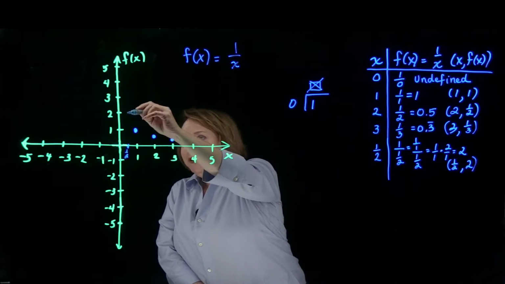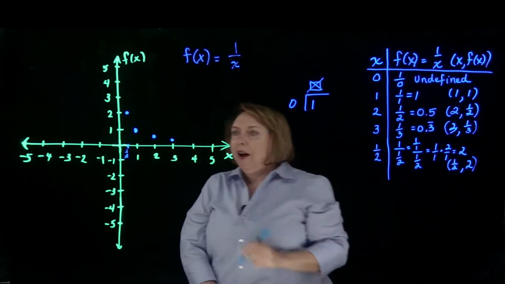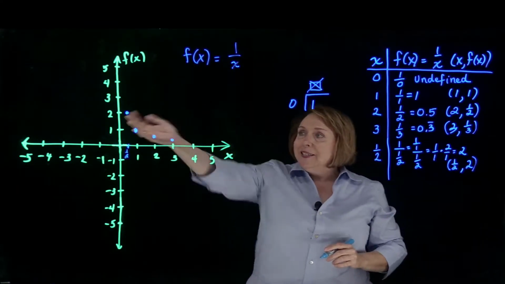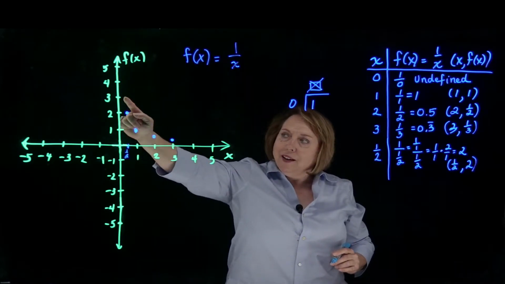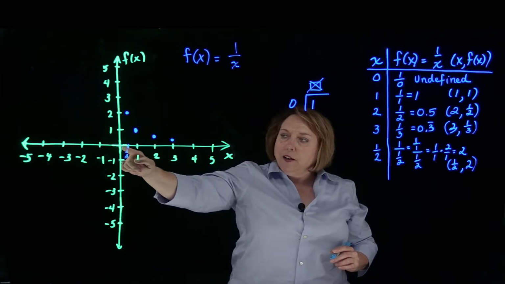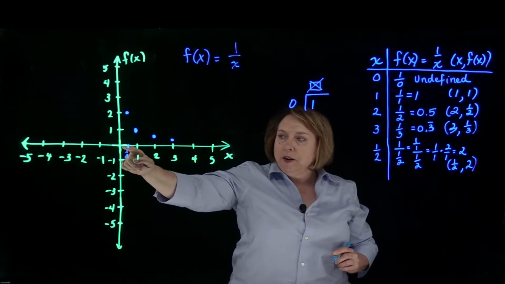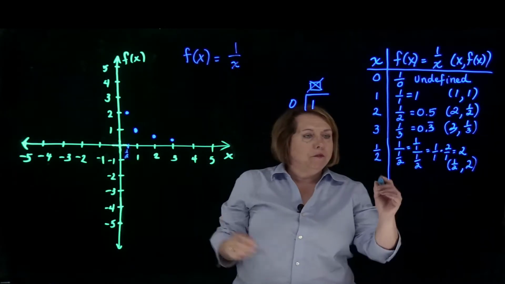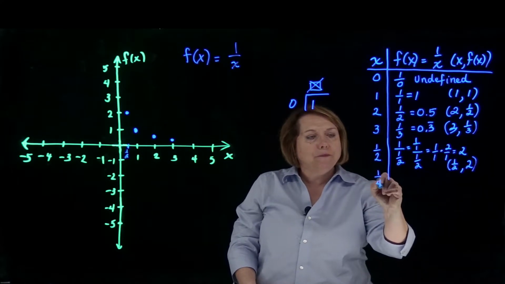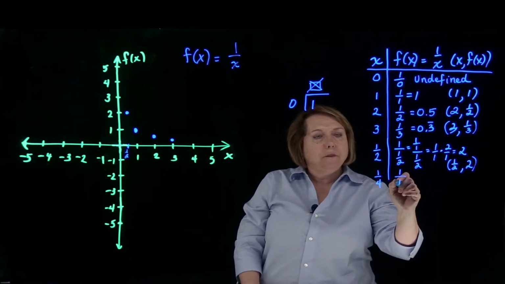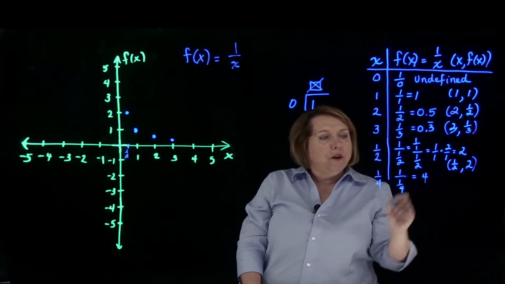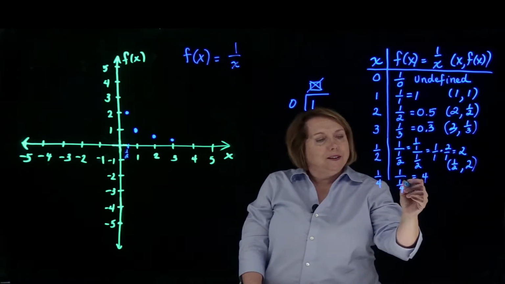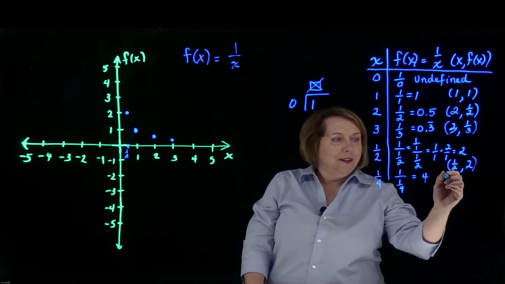And then notice how high f of x or y is. We're starting to see this cup happen, this curve. As we choose smaller values for x that are between 0 and 1/2, like 1/4, let's just do one more. We'll have 1 divided by 1/4, and that will be equal to 4 because it'll be 1 over 1 times 4 over 1.